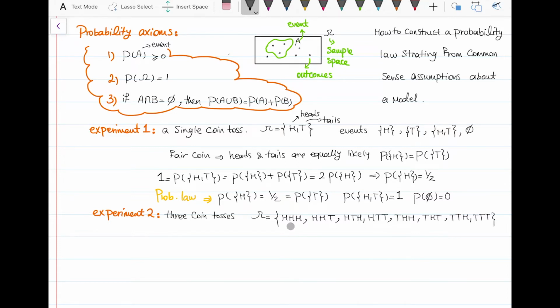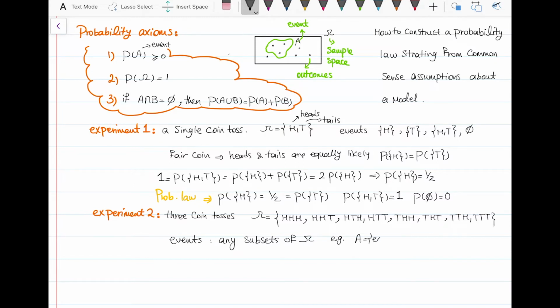Now, since we have fair coins, events would be any subset of omega. For example, just take one of them.